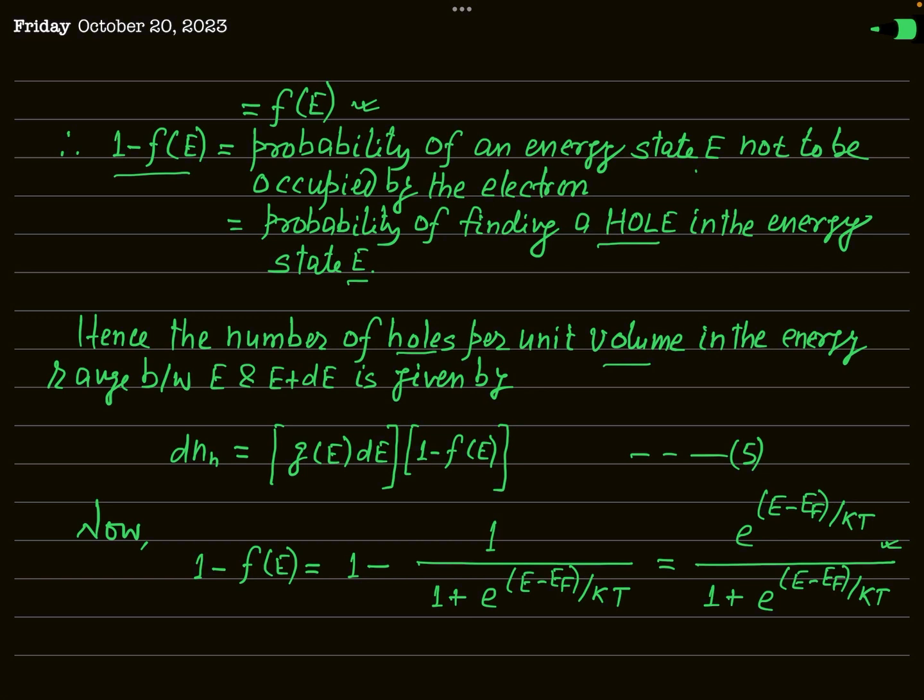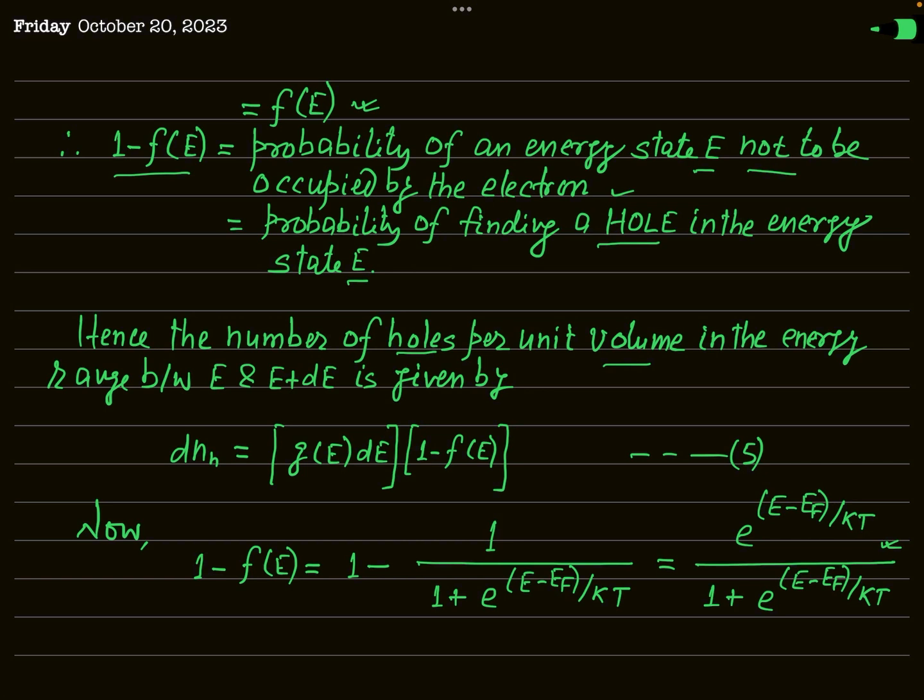Because this 1 minus f of E will be the measure of probability of an energy state E not to be occupied by the electron. Because f of E is the measure of probability of finding an electron in energy state E. So 1 minus f of E, because probability has a maximum value of 1, that will measure the probability that electron is not in the energy state E. Okay?